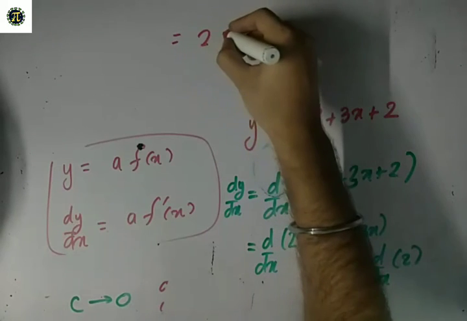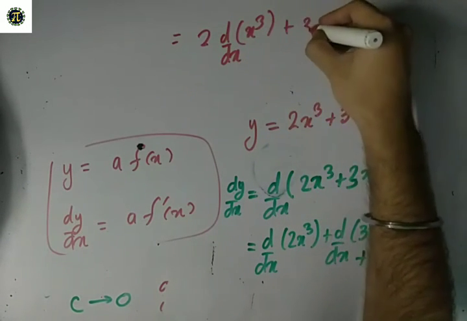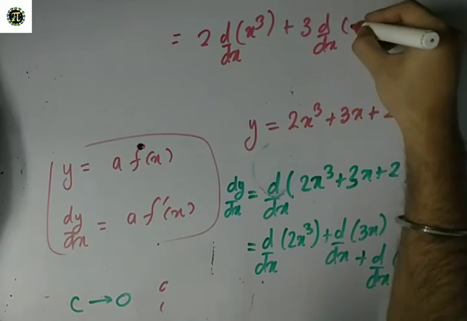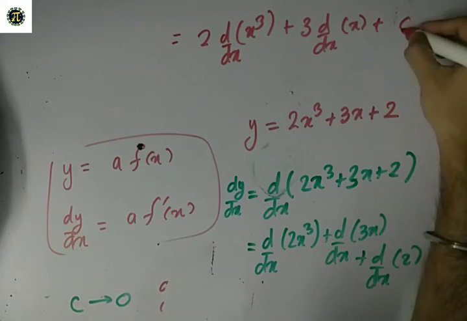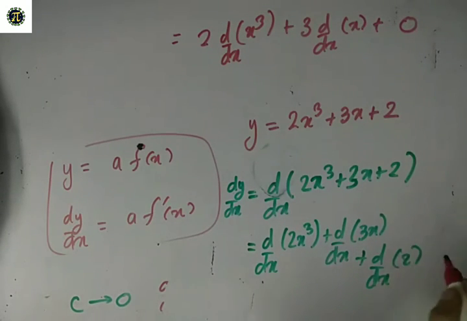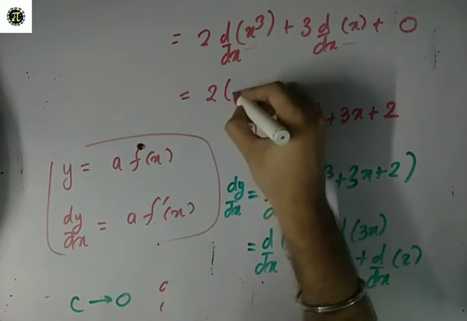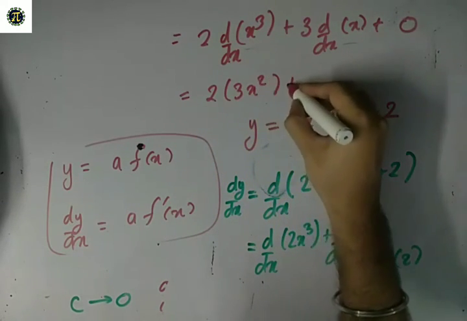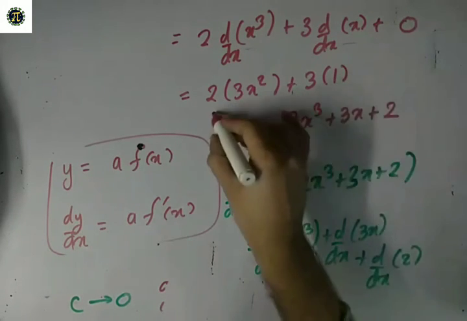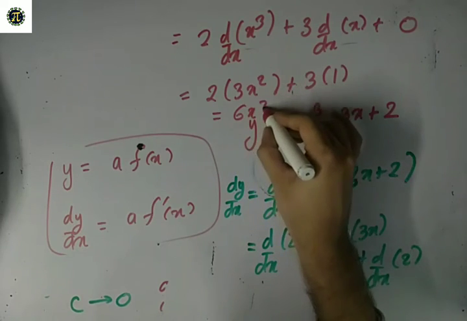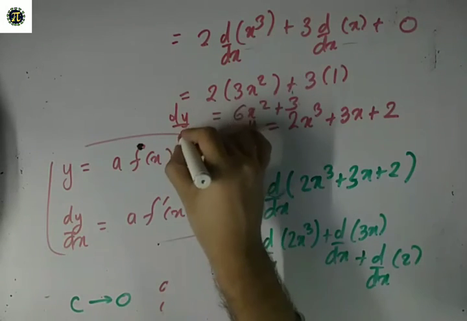So I have twice d/dx of x cube plus 3 times d/dx of x plus the differentiation of a constant, which is 0. We know that this is just 2, it's a constant, and now we know the differentiation of x cube and x, so we can say 2 into 3x square plus 3 into 1, the differentiation of x being 1, plus 0, and what we have is 6x square plus 3 as the dy by dx.